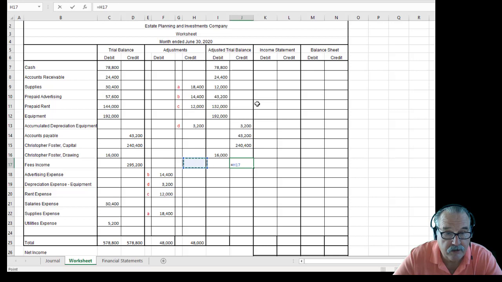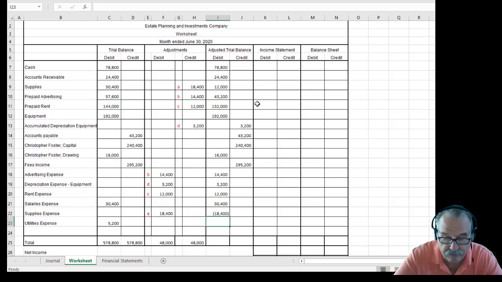The revenue account, fees income, didn't change. But we now have 14,004 in advertising expense, 3,200 in depreciation expense. Rent is 12,000. Salaries is 30,400.